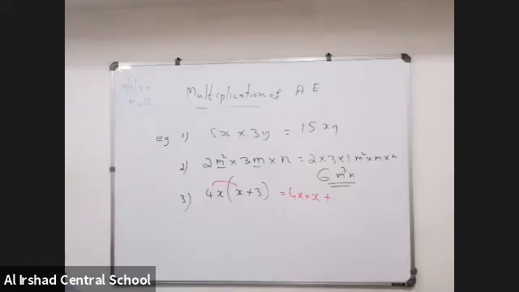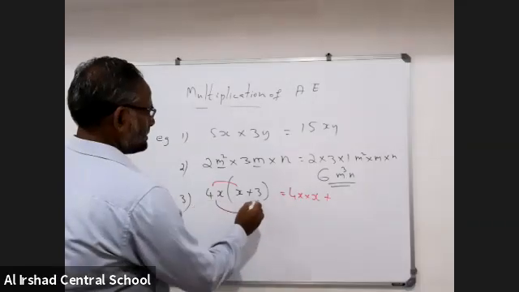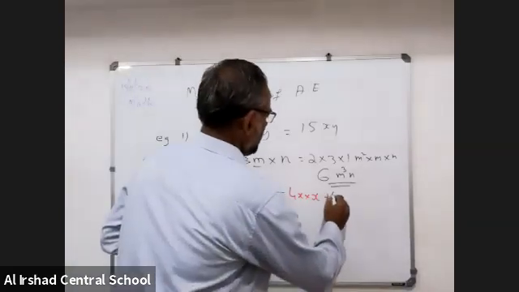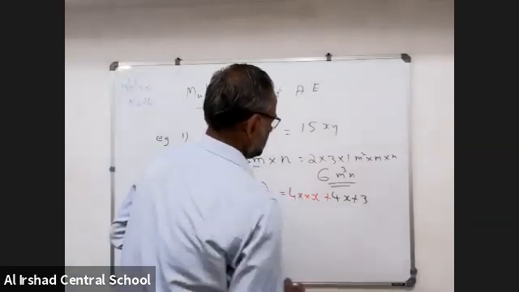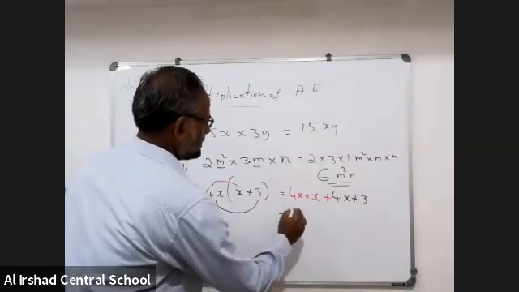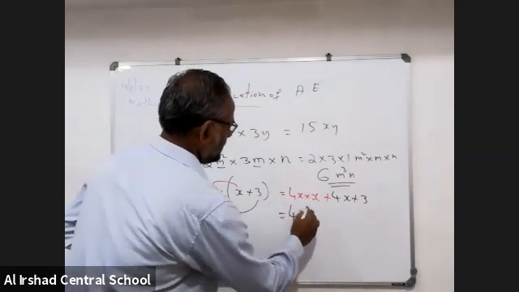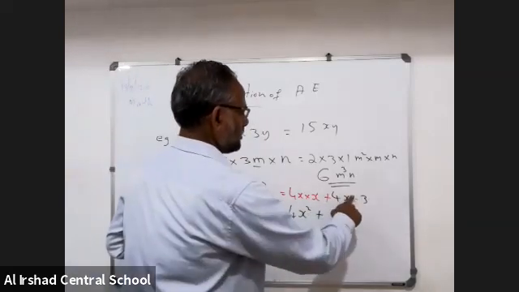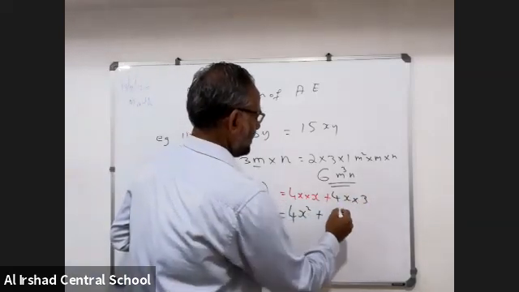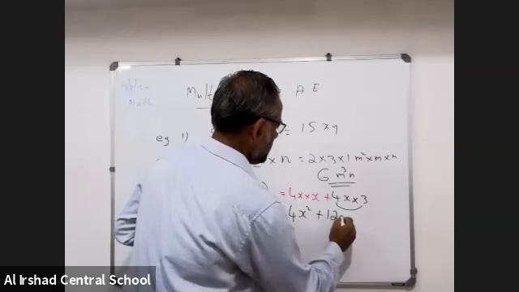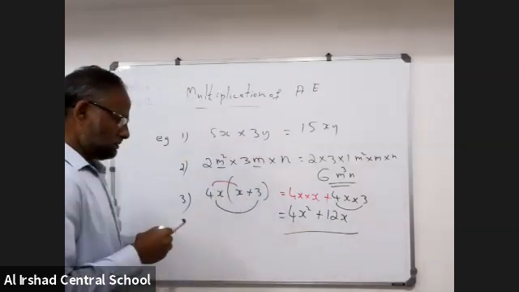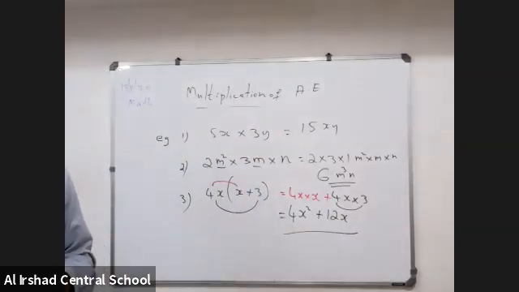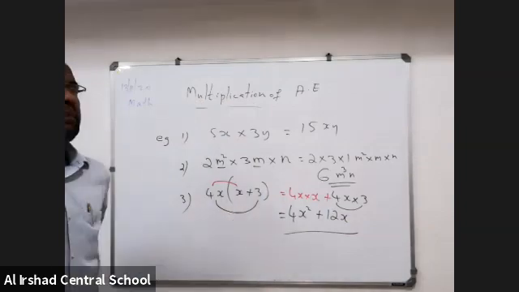That is wrong. 4x into 3. 4x plus 4x into 3, exactly, because 4x is distributed over the 3. That means 4x into x, 4x square, plus 4x into 3. That means 4 threes are 12, 12x. That is it. Distributivity law over addition and subtraction.